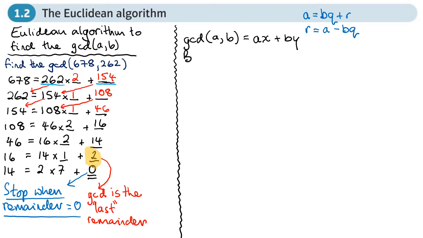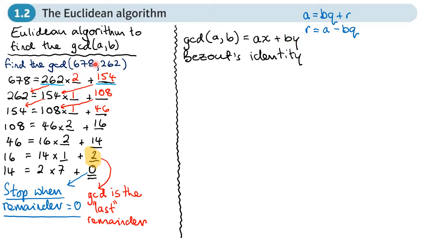And we use something called Bezout's identity. And Bezout's identity is using this backwards. Yeah, so actually for any greatest common divisor of two numbers, we can write it as something times the first number plus something times the second number.